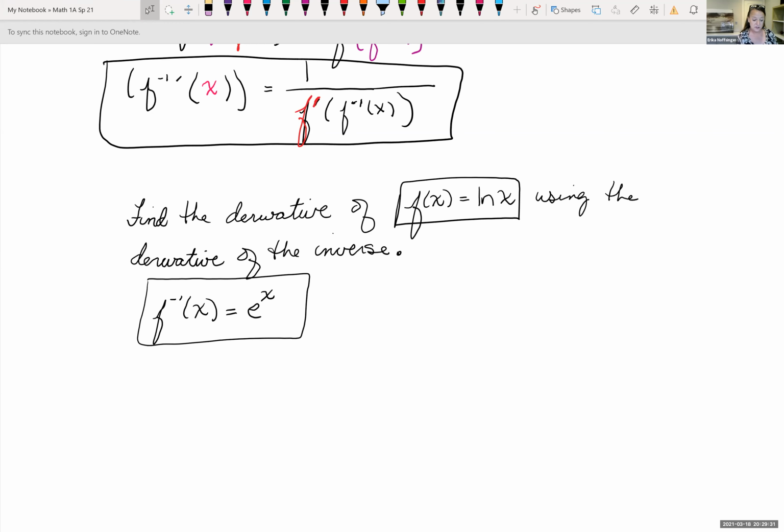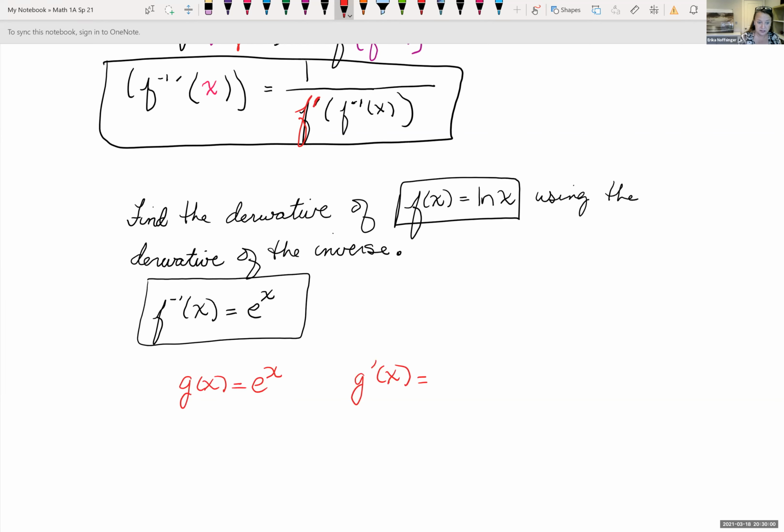Okay, so we want to find the derivative of f of x equals the natural log of x, and we know f inverse of x is equal to e to the x. Well, let's look at this. If we want the derivative, let's call g of x equal to e to the x. And let's take the derivative of this g of x.